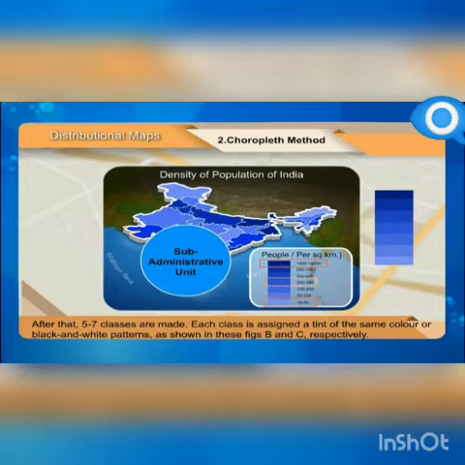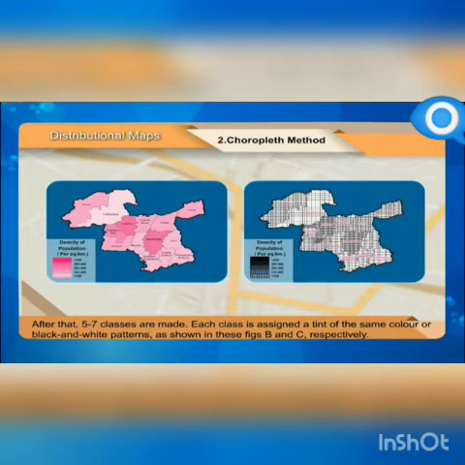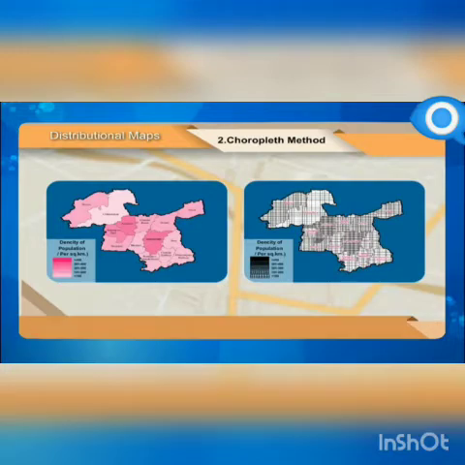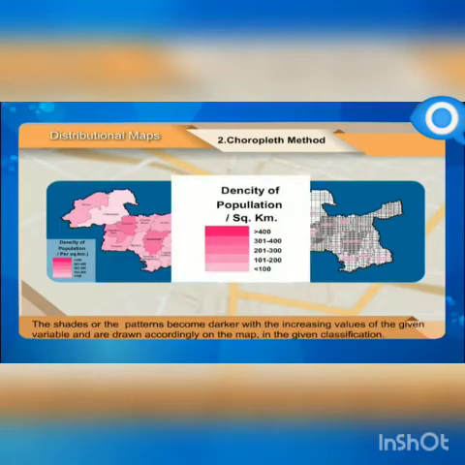A black and white pattern is also used. Over here on the right hand side is the black and white pattern, and on the left hand side we have shades. The density of the population can be shown: more than 400 is darkest, less than 100 is light in color.